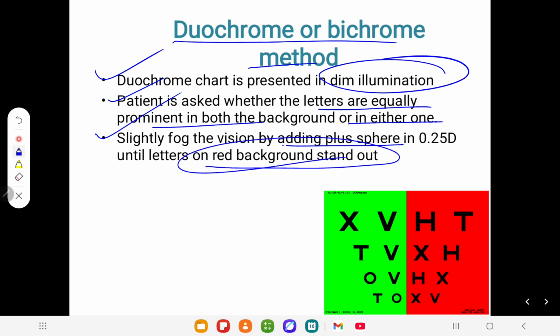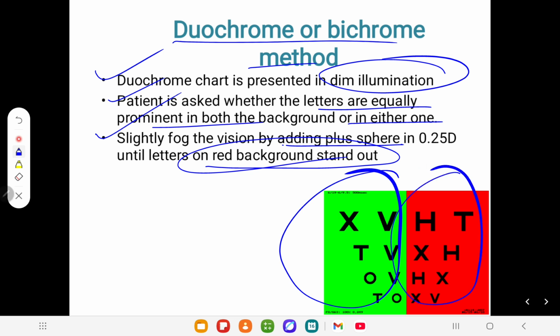We don't want the letters on the green background to stand out at the end, because we want them slightly red or equal. If equal is not possible, then we go to slight red, because it means minus under correction, or plus slightly over correction, because we always prefer red to be slightly clearer than green. It's always that, isn't it?